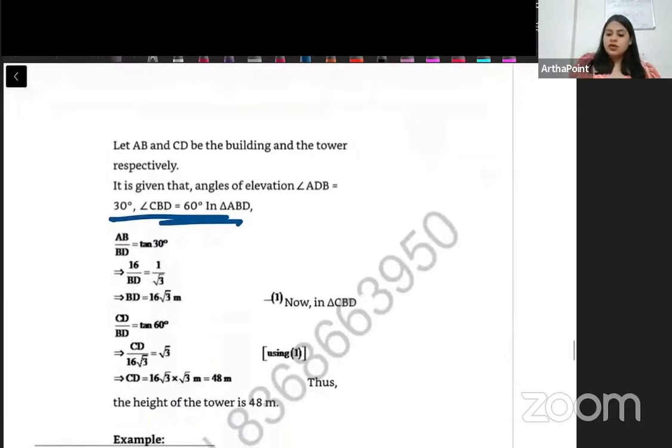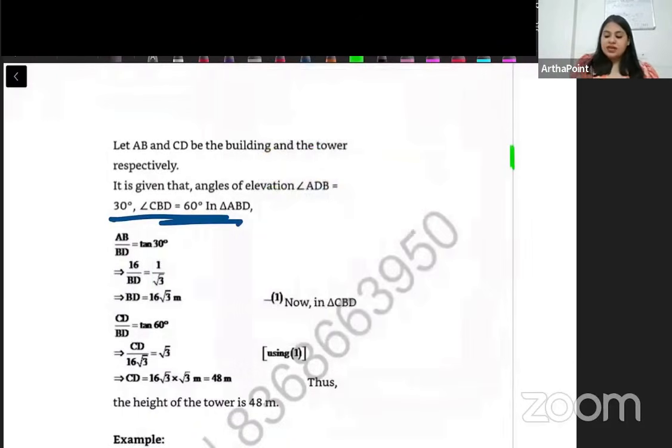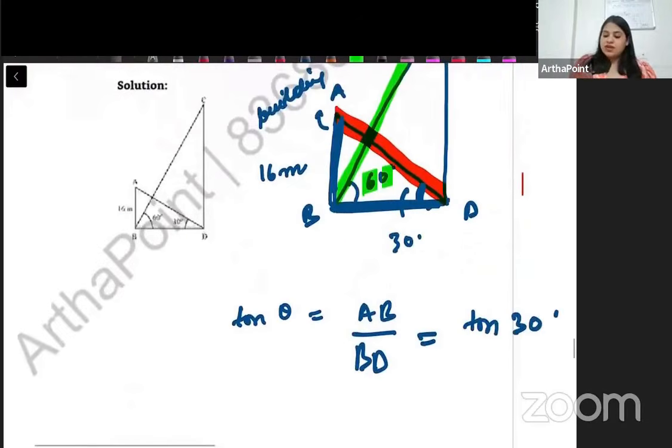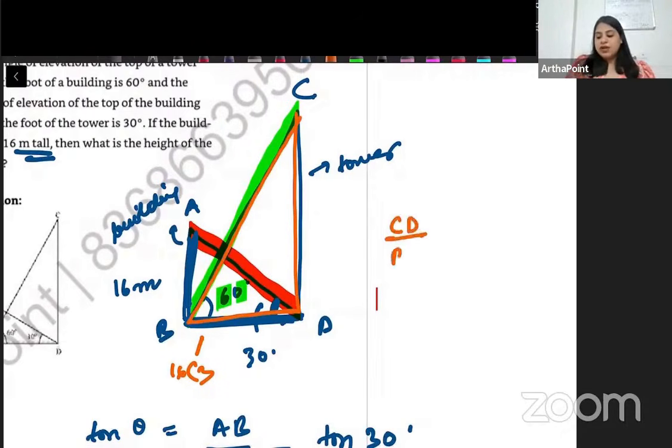So from here, we know that tan 30 is 1 by root 3. We know that AB is 16. BD is not known. So BD will come down to 16 root 3. So beta, this BD is now 16 root 3. Now look at this triangle. In this also, tan theta will be CD by BD.